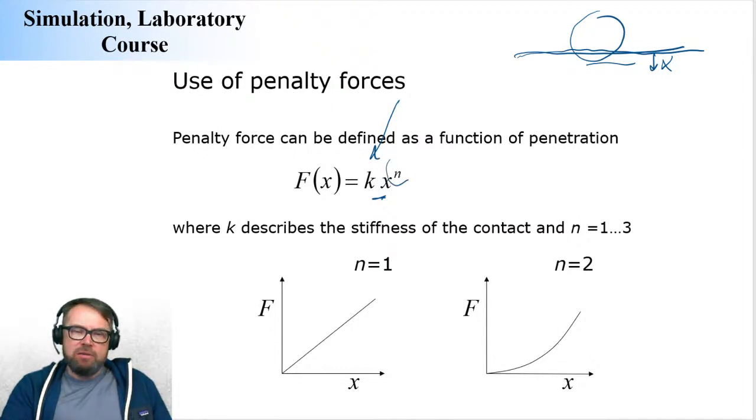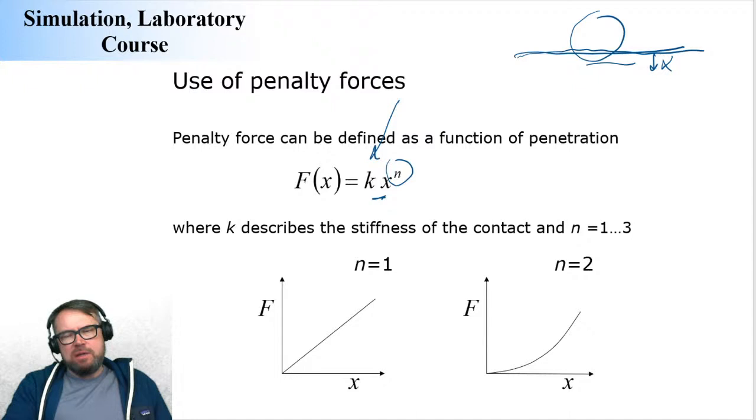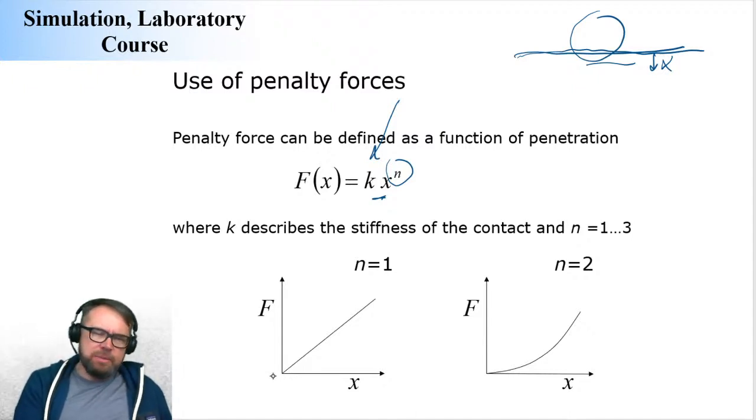And then you have an exponent, which is the way that these penalty forces come into play. Typically, the exponent is not 1, even though that is the obvious solution. And the reason it is not 1 is that then the system behaves like that shown in this figure here.